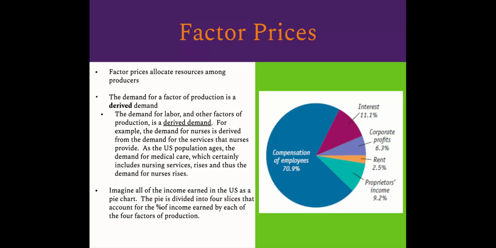So we need nurses through derived demand. When you're talking about this crazy coronavirus, it impacts people's lungs. So somebody who's like a respiratory therapist, somebody that specializes in the lungs, we have a huge demand for those individuals right now because the derived demand is their specialty on dealing with respiratory issues.